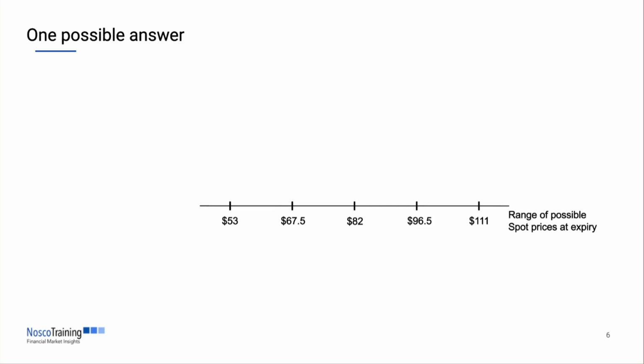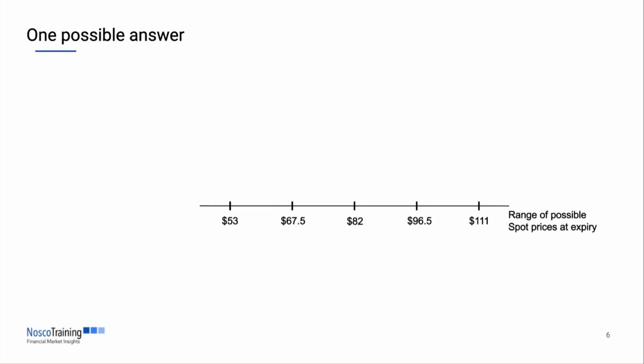That's what we call a distribution. And here you see my distribution. Very simple. I said, okay, I believe that roughly we could end at 5 different prices at expiry, from 53 up to 111. Remember, today spot trades at 80.